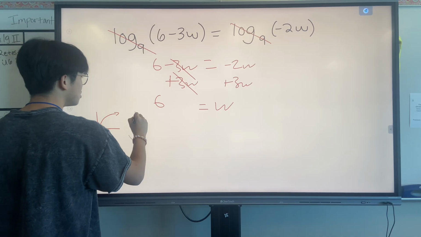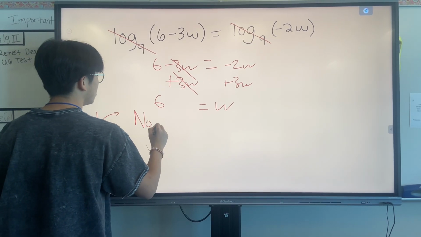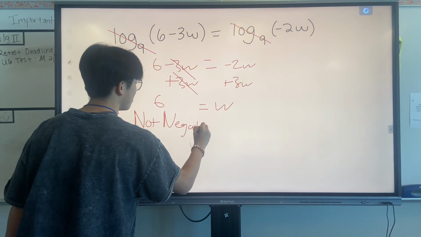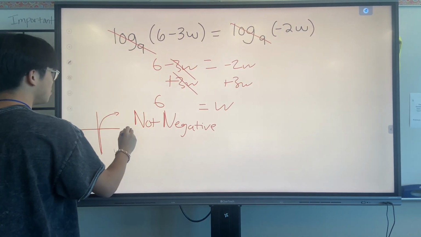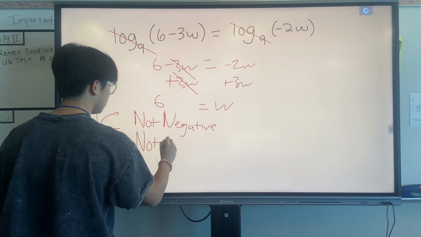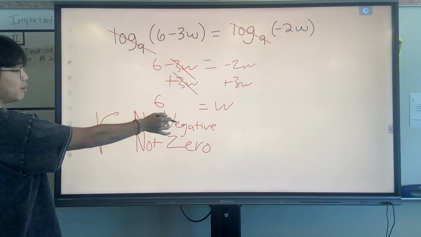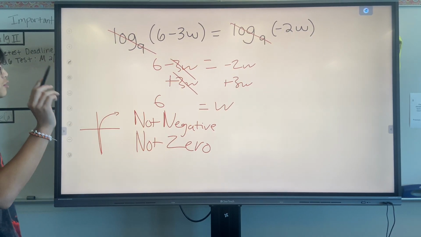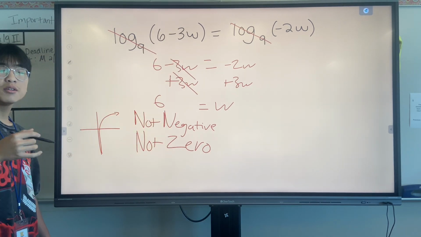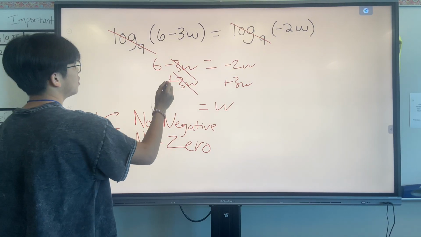So the argument would have to be not a negative, and it shouldn't be 0 either because of the asymptote. So extraneous solutions would be negative and 0. And how to check for extraneous solutions is that you plug this number into here. And if it ends up being negative, or if it ends up being 0, then it would be an extraneous solution.